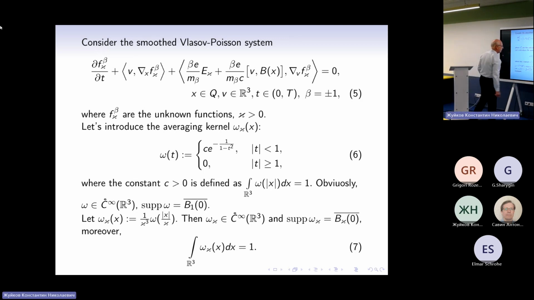We introduce the well-known function, the so-called hat function, by the formula. This is a compactly supported function, and we denote by omega_kappa the averaging kernel by the following formula. Then this is again an infinitely differentiable function, and the support of this function corresponds to the formula. And naturally, its integral is equal to 1.